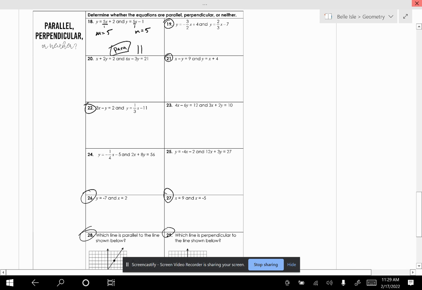However, this one, is it negative? If it were correct, it would be two, yeah, 21.